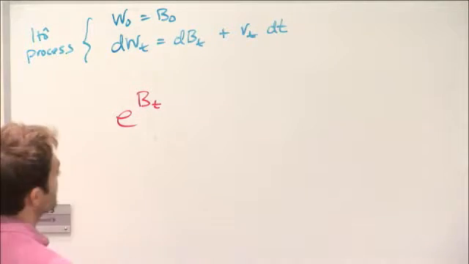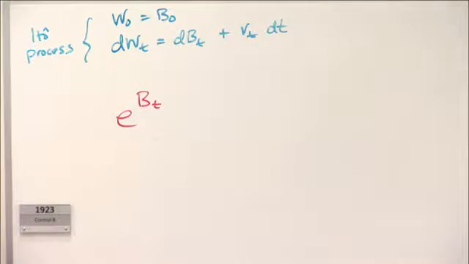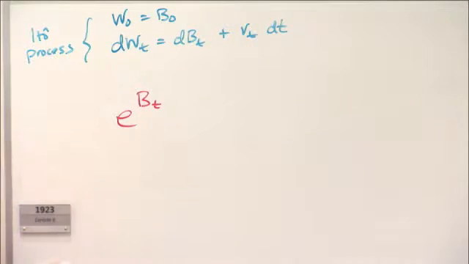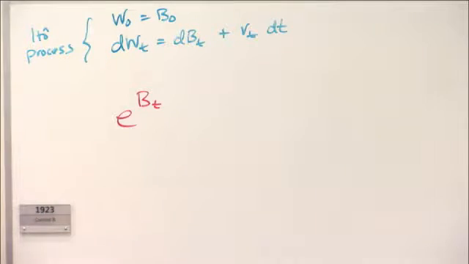And suppose I want to ask you if this is a martingale. In other words, do the infinitesimal changes of this thing have expectation 0? Yeah. If you ever lost 10% in the stock market and then made 10% back and then looked at your bank account, you would know that this is not a martingale.